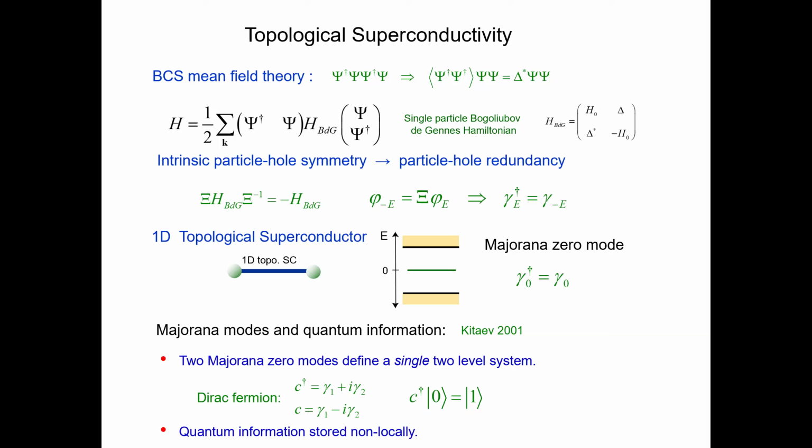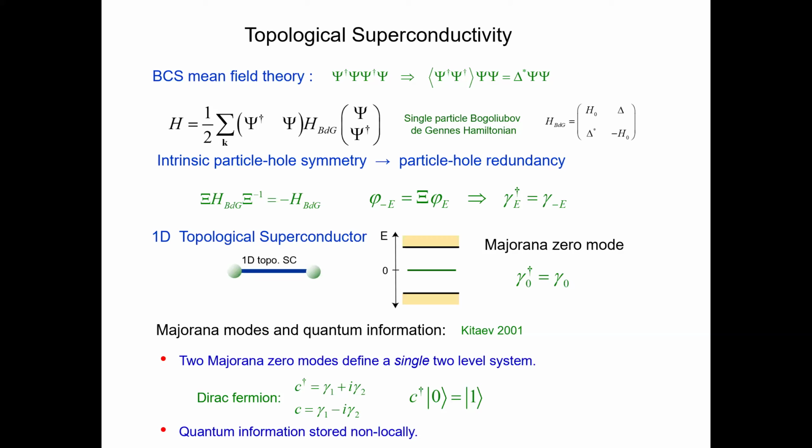There's a beautiful idea that if you could have these Majorana modes, then two Majorana modes define a single Dirac fermion mode, which defines a two-state Hilbert space.